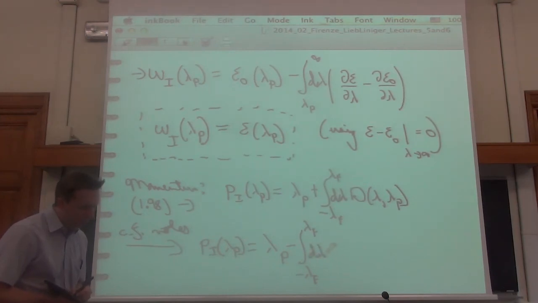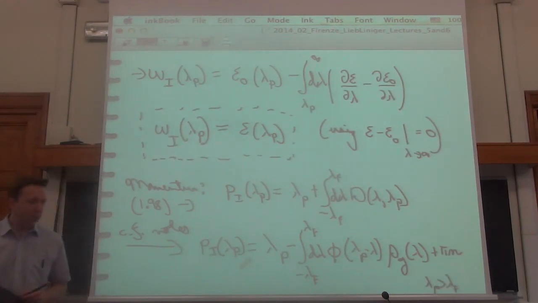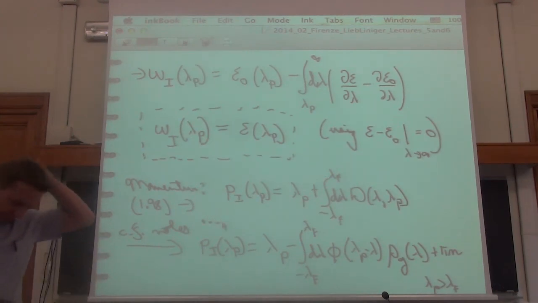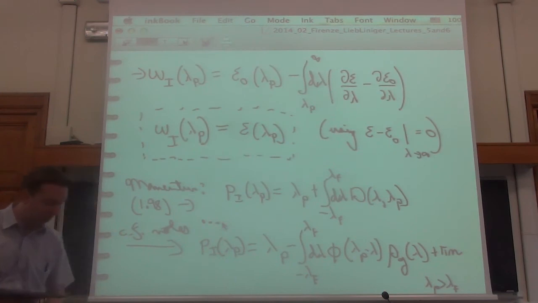And now what appears is the scattering phase shift, lambda p minus lambda, times the density function in the ground state, rho g of lambda. And then there's just a little correction, plus pi times n. And here in this equation, lambda p is greater than lambda f. So just a few steps, of very similar nature. It's just a question of inverting the integral kernels, and you get this.